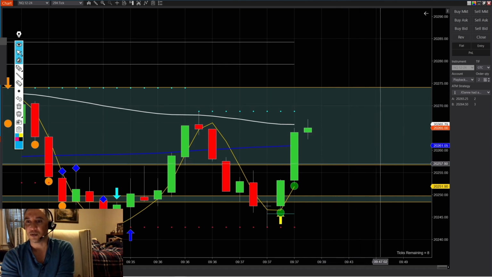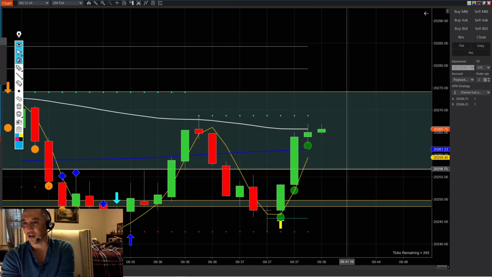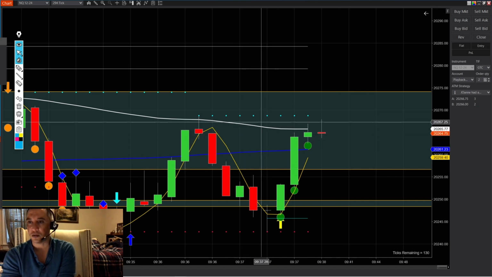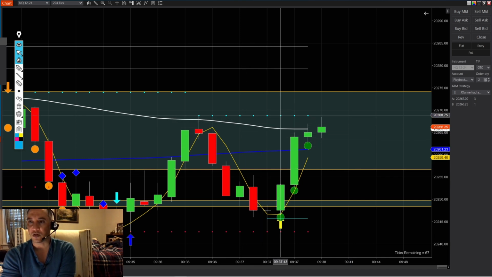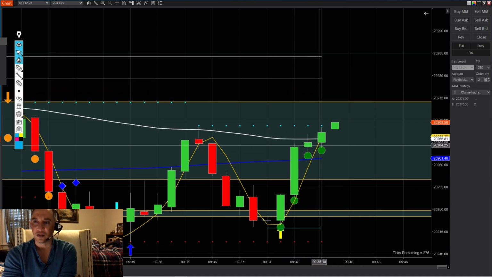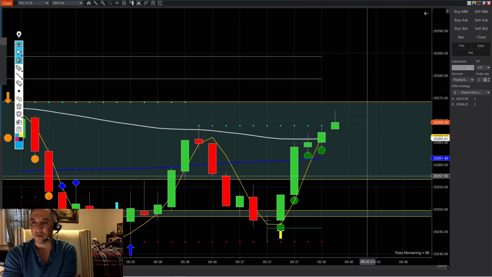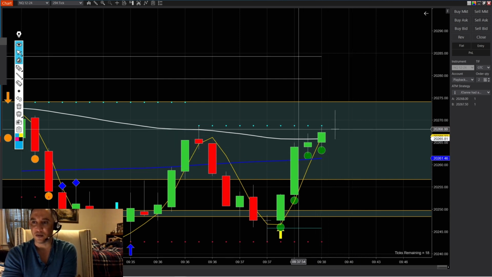Still need to come down and find support right here. So this is basically a cup and handle. So I'm looking for a handle right here. And it's going to wick to the high here. It's probably going to end up finding support on top of this and forego putting support down here. But let's see.